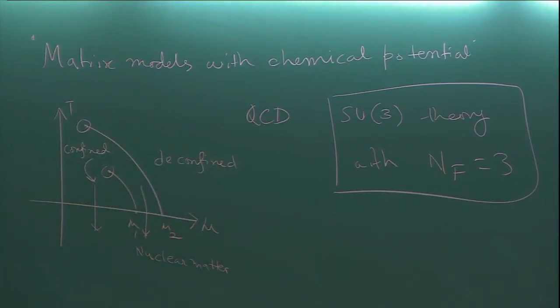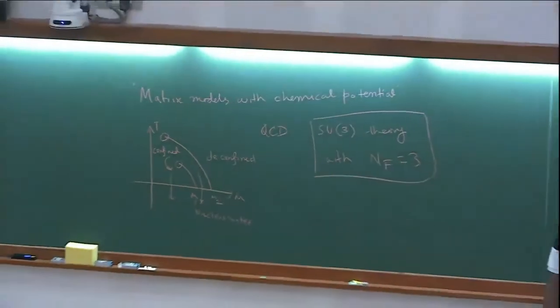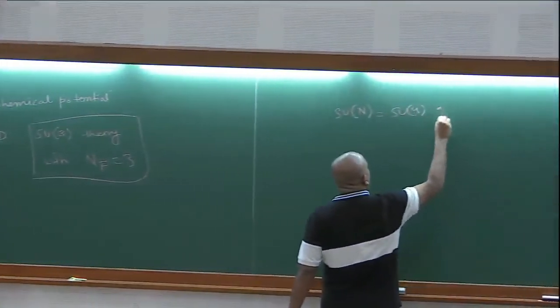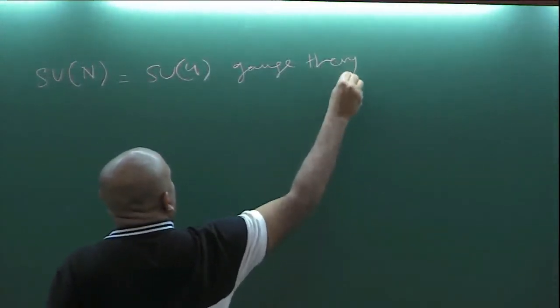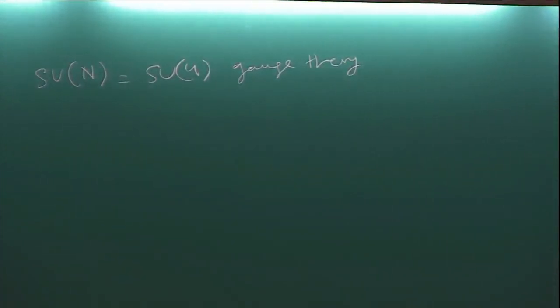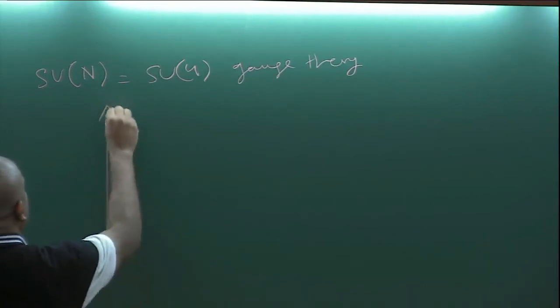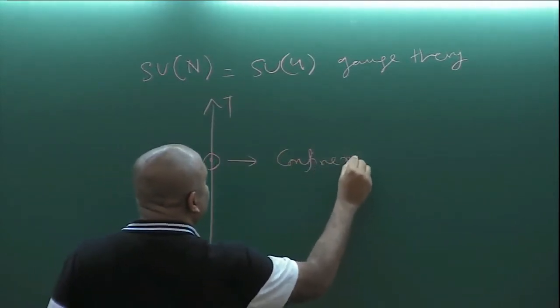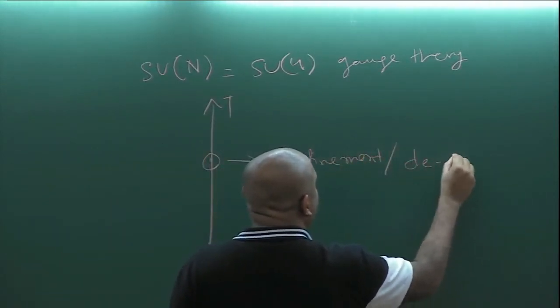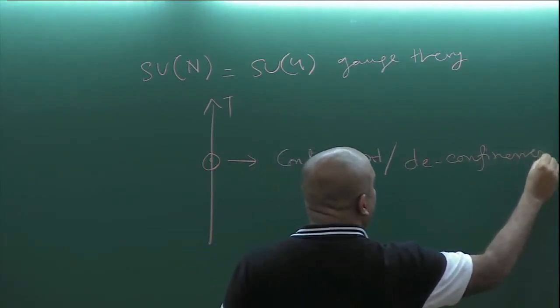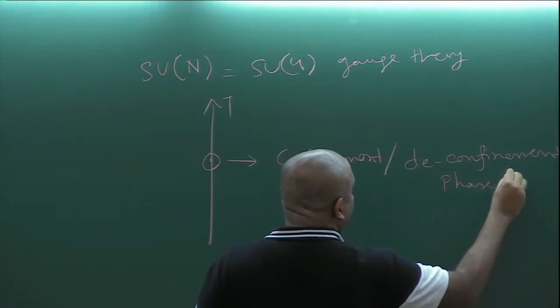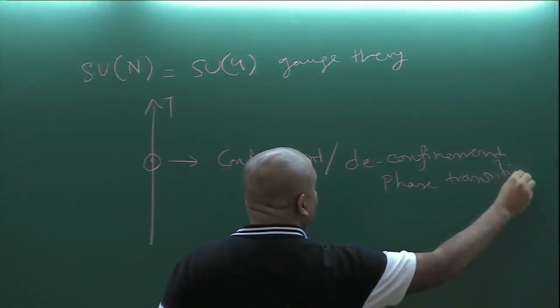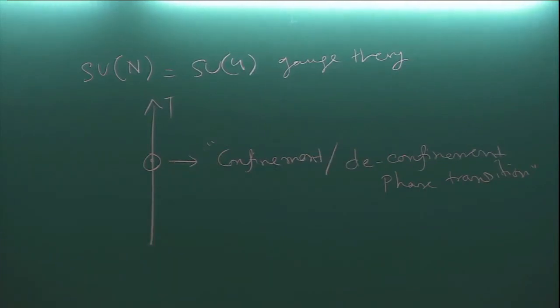Now, other than QCD, if you look at some pure SU(N) gauge theory, say SU(4) gauge theory or something like that, then there is of course no chemical potential because we have taken out the matter. But at least along the temperature axis there is a confinement-deconfinement phase transition.